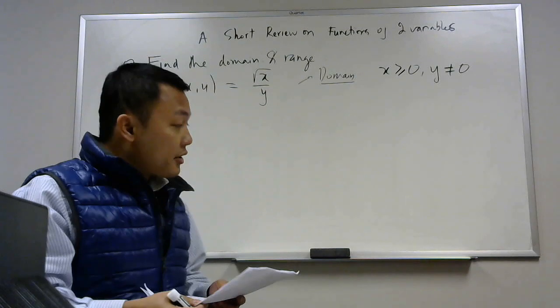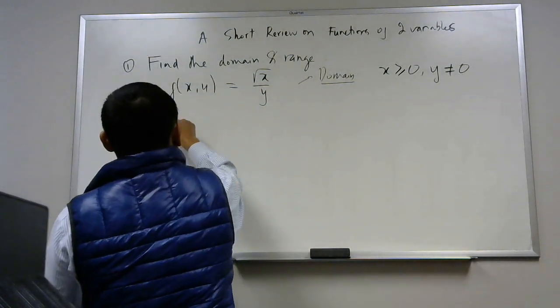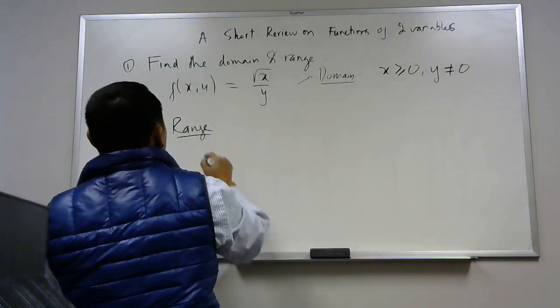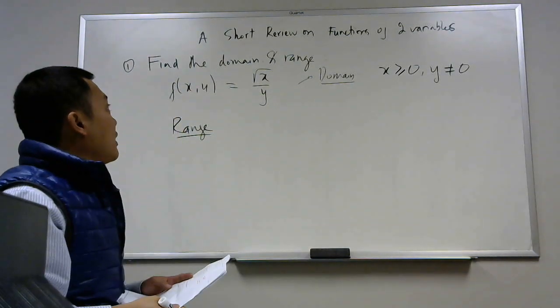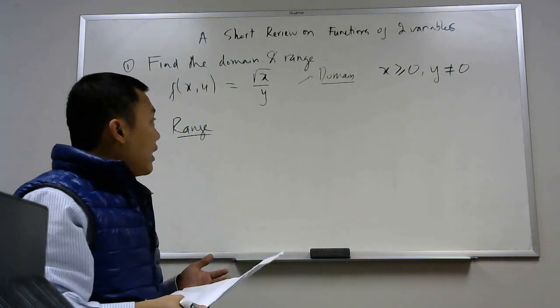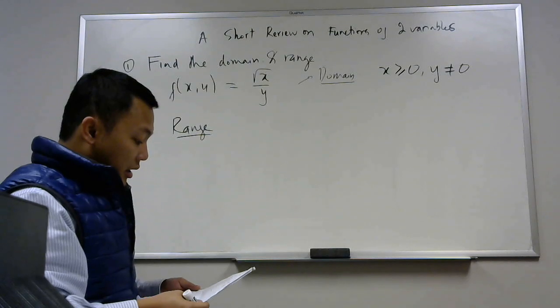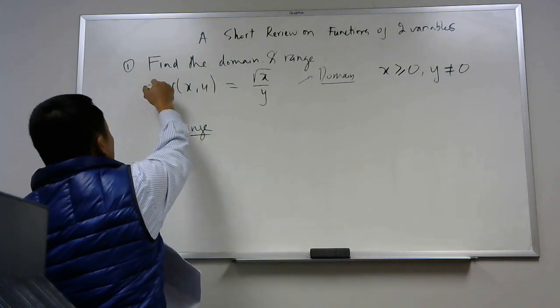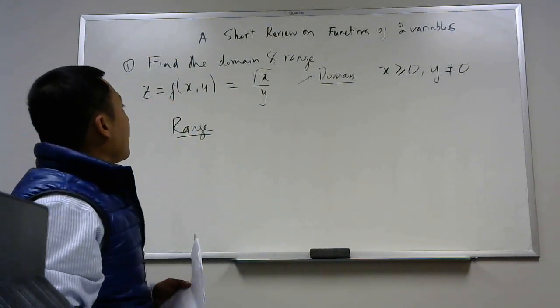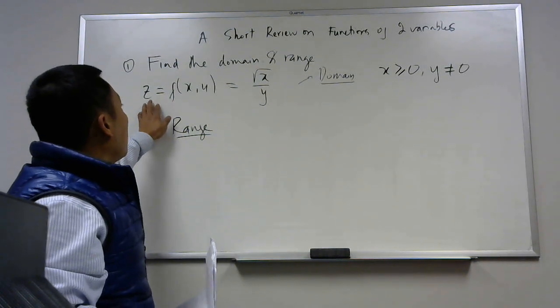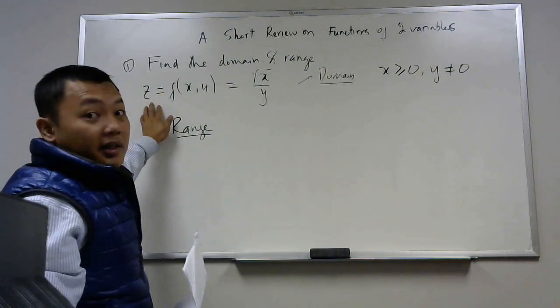Next, find the range. So what is the range of a function? The range of a function is the set of all values the function can take. Usually you have z equal to f(x,y), so you have to find all possible values of z.